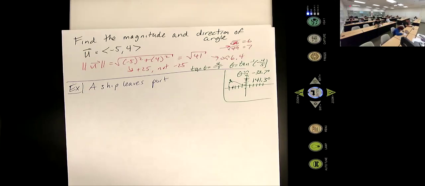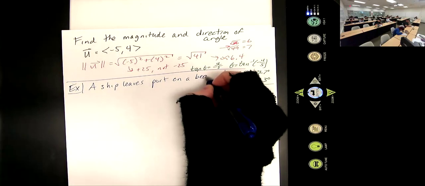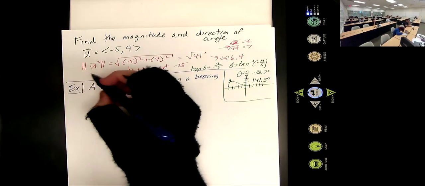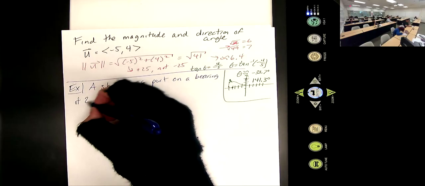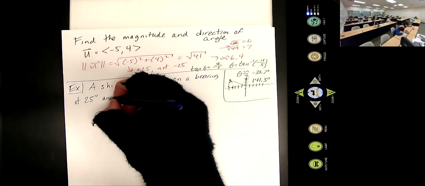Alright, a ship leaves port on a bearing of 25 degrees and travels 61.4 kilometers.